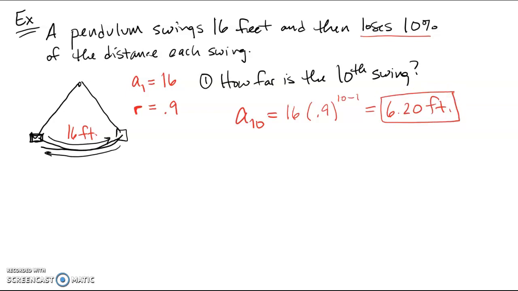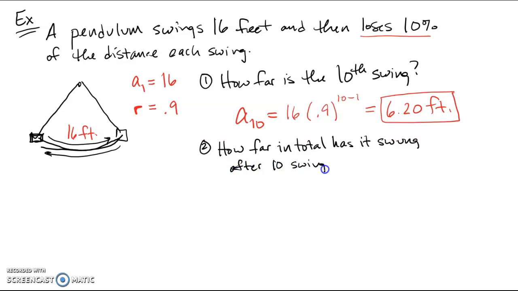And now, how far in total has it swung after 10 swings? So all the back and forth and back and forth, and we're not going to count negatives, but just the total distance it's traveled. And so this would be the sum.